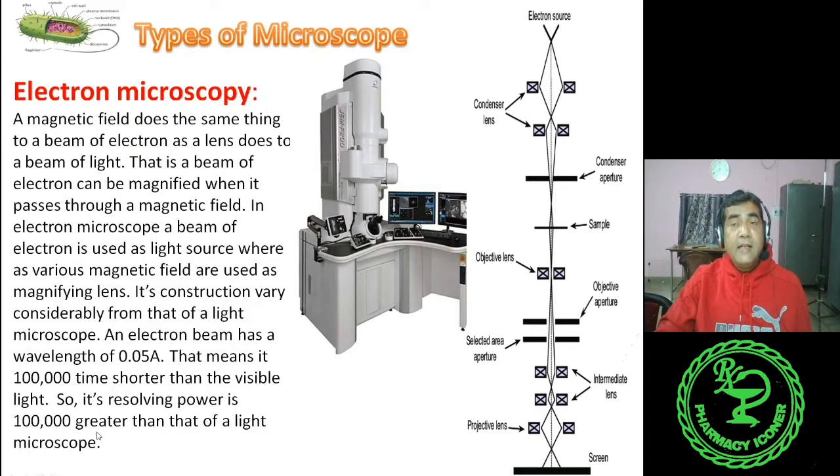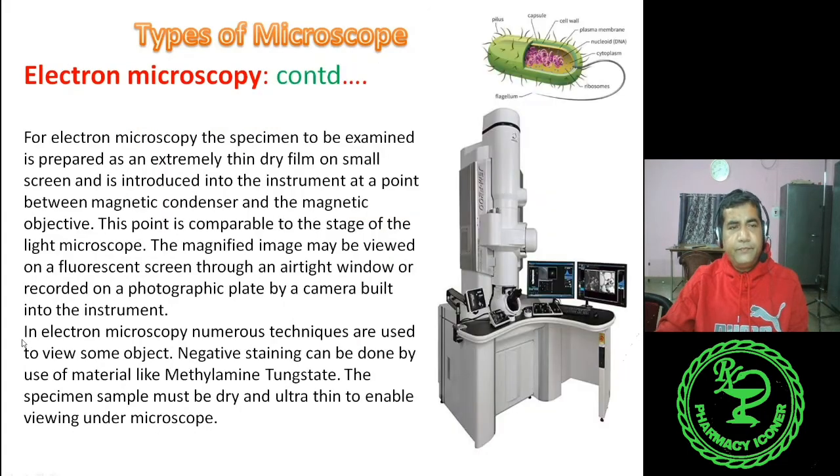That is, it can see 100,000 times smaller objects, that is, 0.21 micrometer divided by 100,000. So small an object it can view. So this is a photograph of an electron microscope.